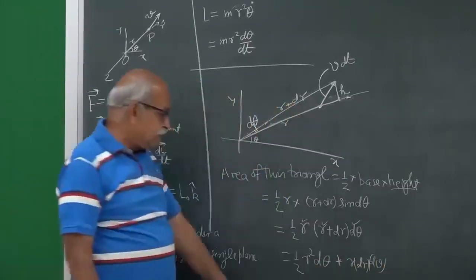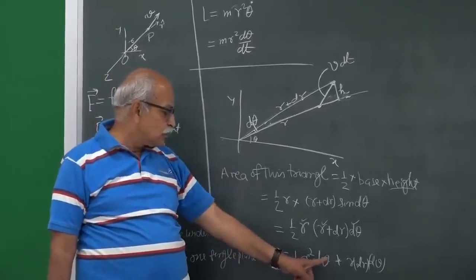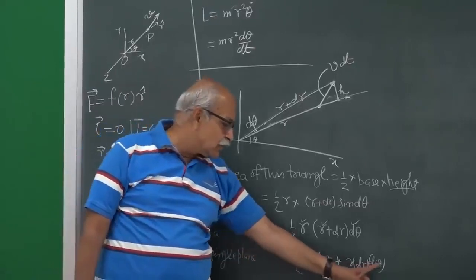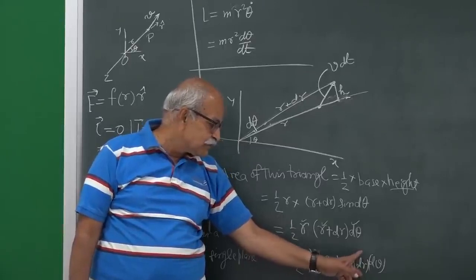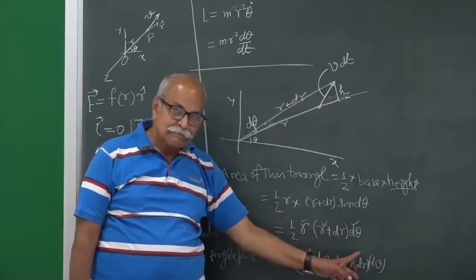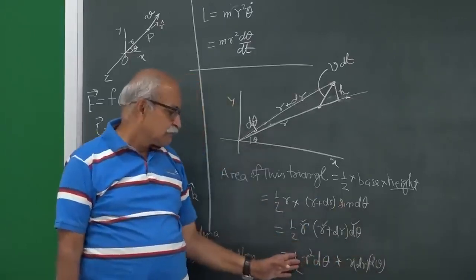And since the first term is a first order infinitesimally small quantity, and this is a second order infinitesimally small quantity, the product of two infinitesimals dr and d theta, this can always be dropped in presence of the first.